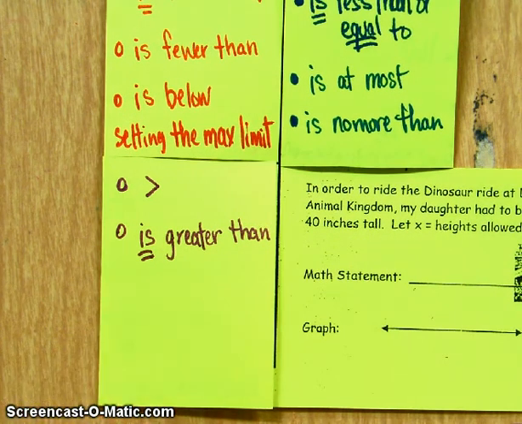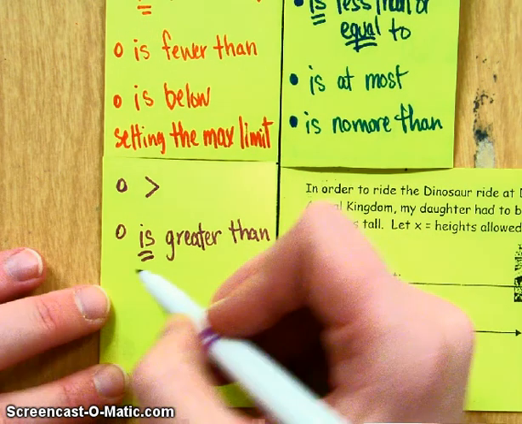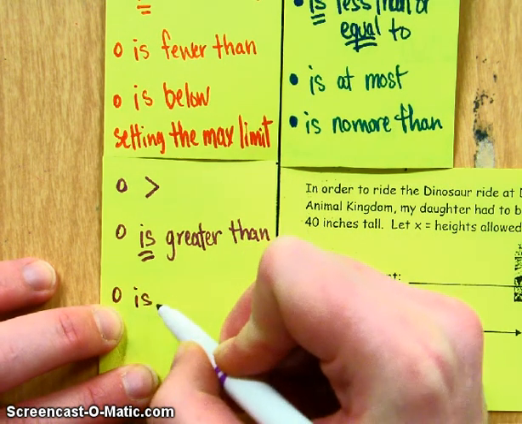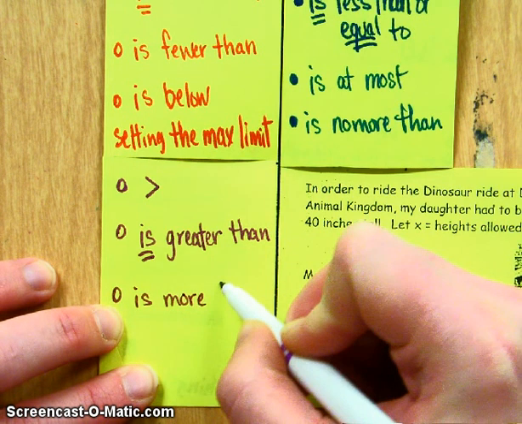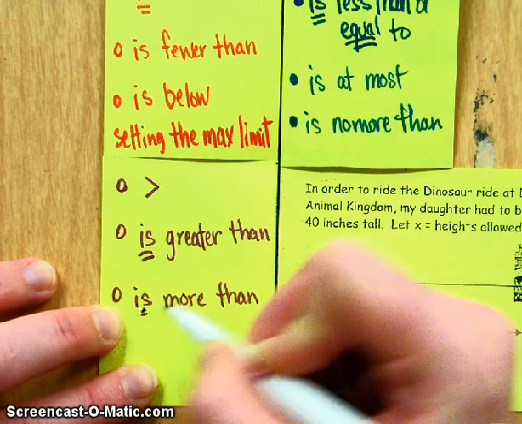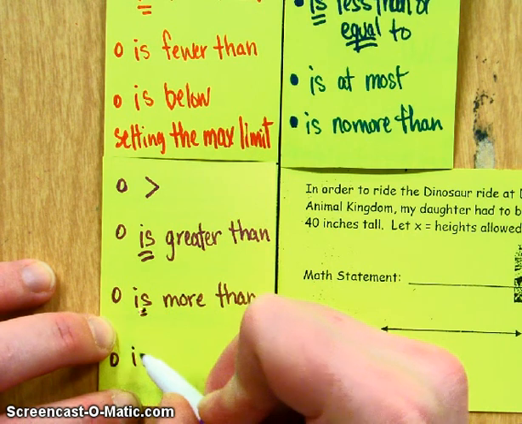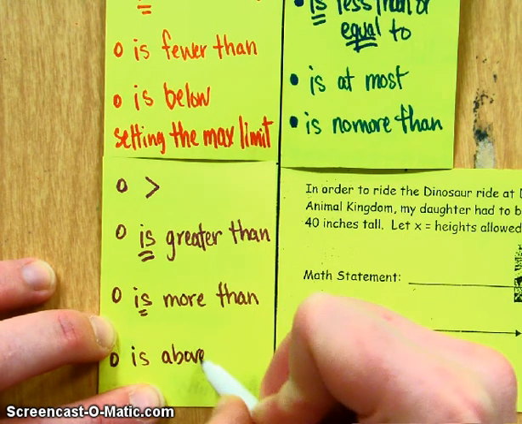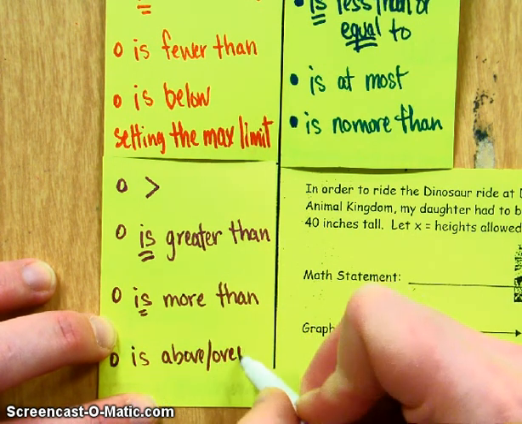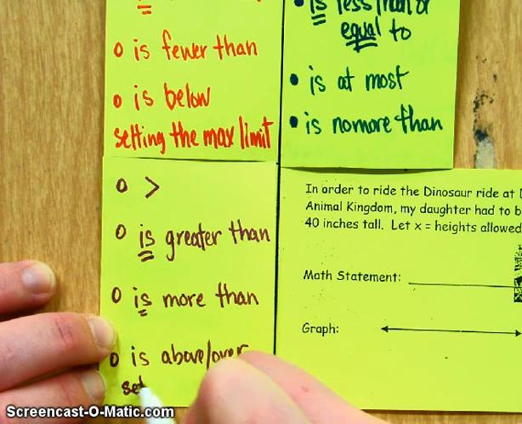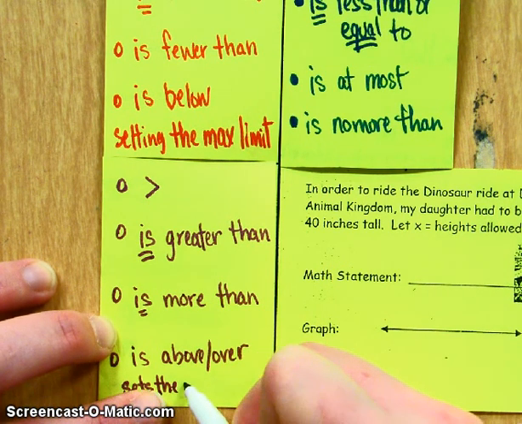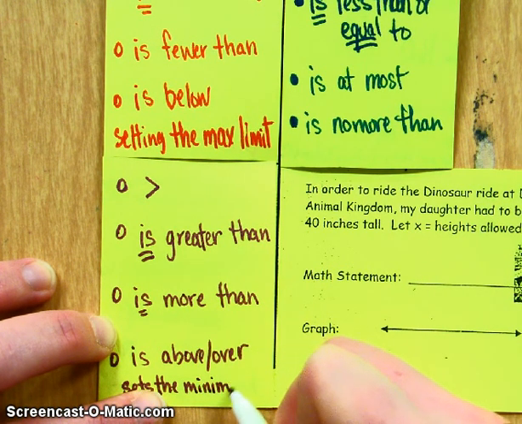If it says 4 is greater than 2 is X, that's telling us to add. Is more than. Again, is being an important word. Is above or over, anything like that. So this one sets the minimum or the least limit.